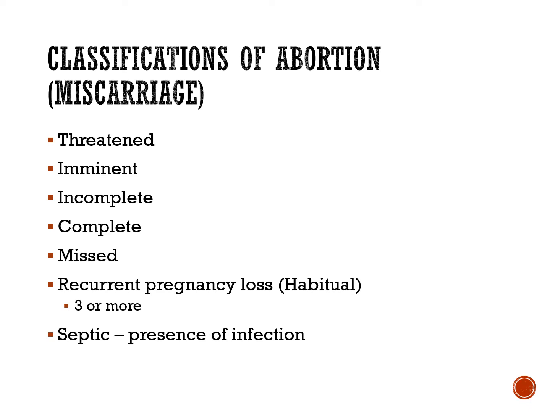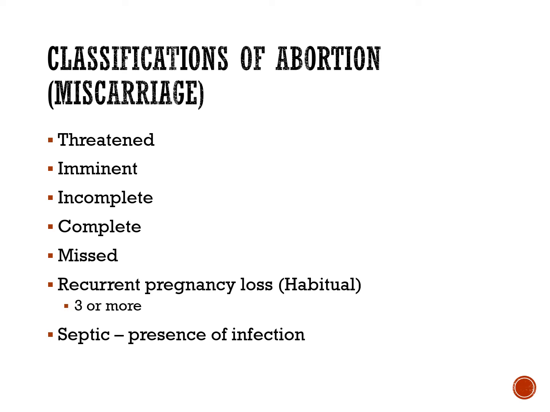Most of the time, it can be expelled spontaneously, but sometimes these types of pregnancies do require a D&C, or they may even just be able to take a medication to help induce that cramping, like Cytotec or Pitocin. Usually if they're doing that, they'll have it done in the hospital. Sometimes physicians will do a Cytotec at home, but most of the time that's going to be required to be done in the hospital.